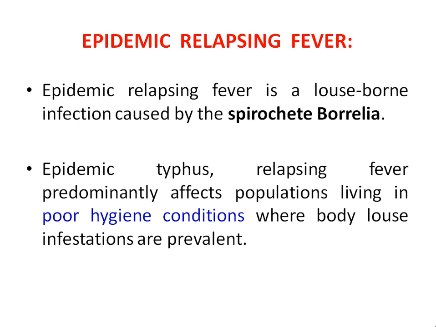There, epidemic typhus fever as well as relapsing fever frequently appear where body louse infestations are prevalent. Body lice are responsible for causing both epidemic typhus as well as relapsing fever.